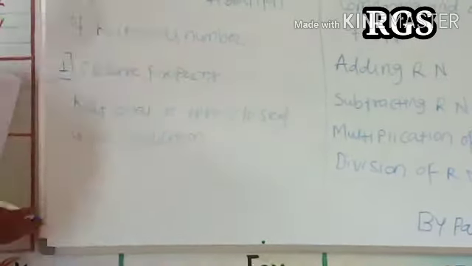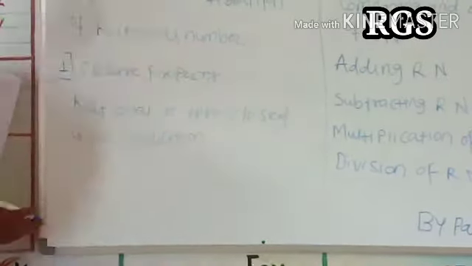So, if A and B are two rational numbers, then A plus B is equal to a rational number. With the help of an expression, we show this closure property in such a way.